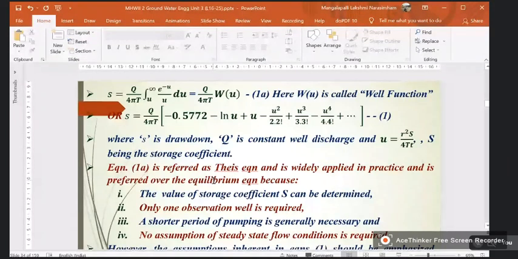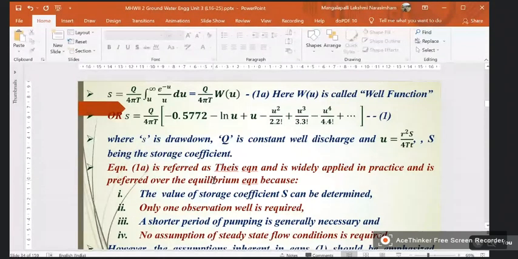But in fact, though the discharge is maintained constant, the head will be changing at any location from time to time. That means the cone of depression formed due to pumping will change from a horizontal line at initial time t equal to 0 to different values at different times.